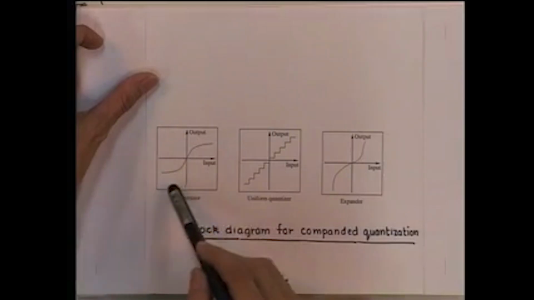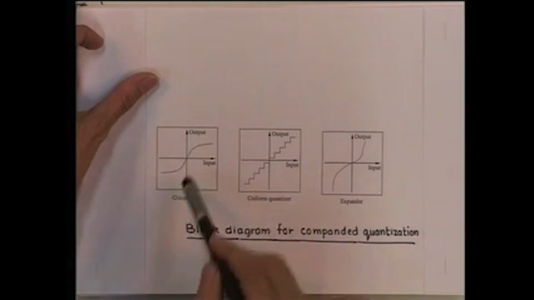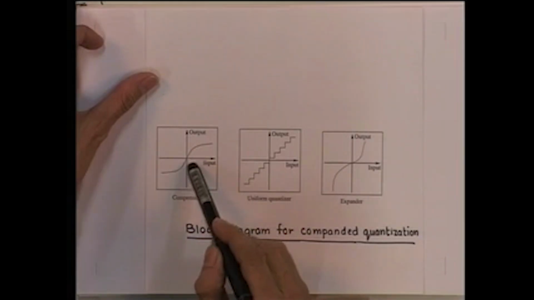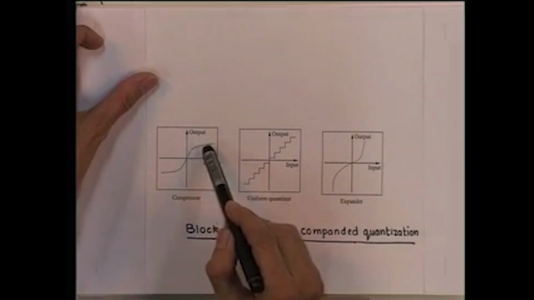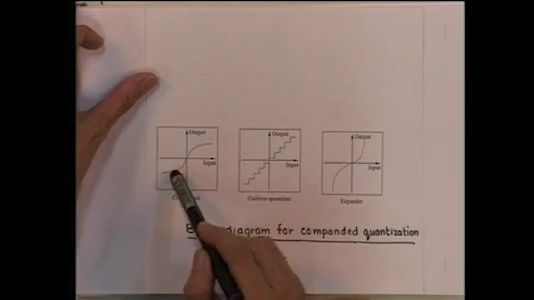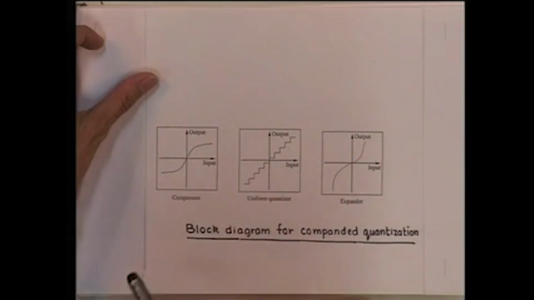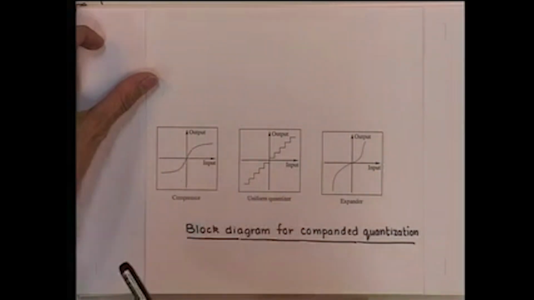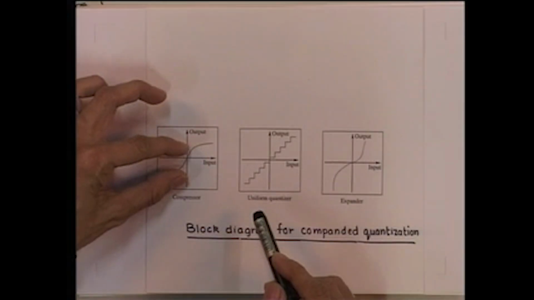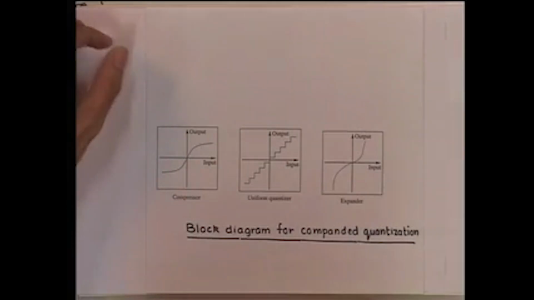The compressor function's task is to expand or stretch the high probability regions close to the origin and compress the low probability regions away from the origin. The net effect of this is that regions which are close to the origin in the input to the compressor now occupy a greater fraction of the total region in the output of the compressor.